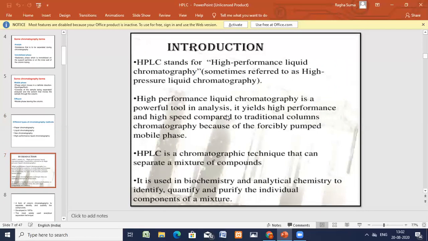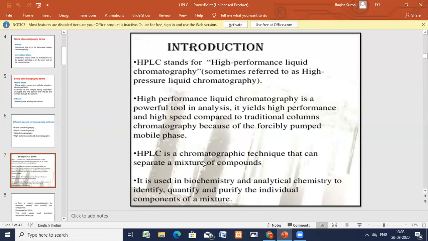It yields high performance and high speed compared to traditional column chromatography. Last class, I explained to you column chromatography. That is the traditional method and this is the advanced method. It is high speed, as it forcefully pumps the mobile phase.